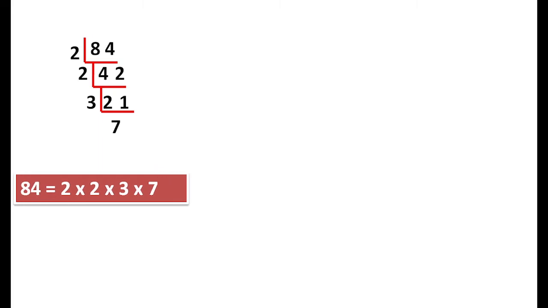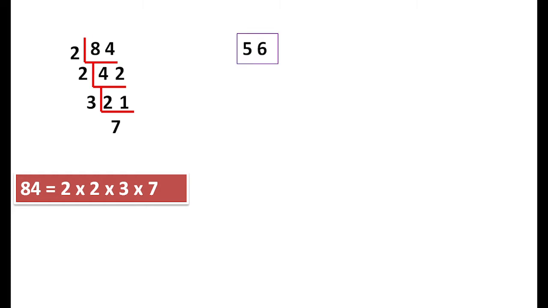Again 42 is an even number, so we can divide with 2. 4 by 2 is 2, 2 by 2 is 1. 21 is not an even number, so we cannot divide with 2, and we know that it is in the table of 3. So we can divide with 3. 3 sevens are 21. And 7 is a prime number. So here we can stop. So 84 can be written as 2 into 2 into 3 into 7.